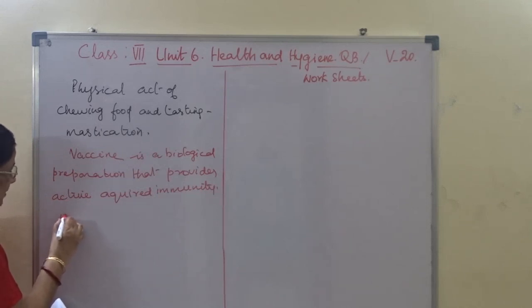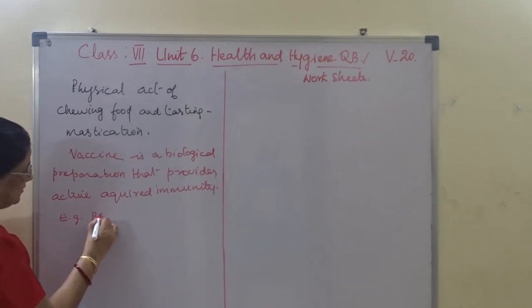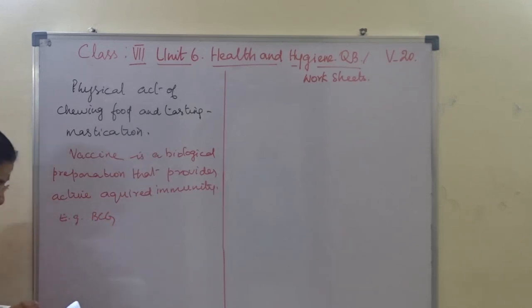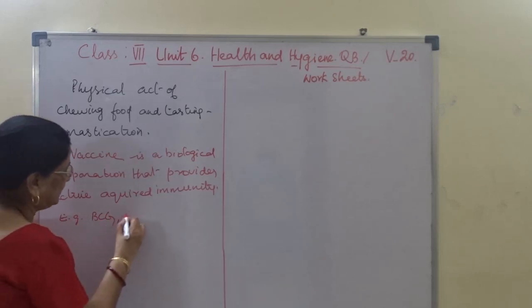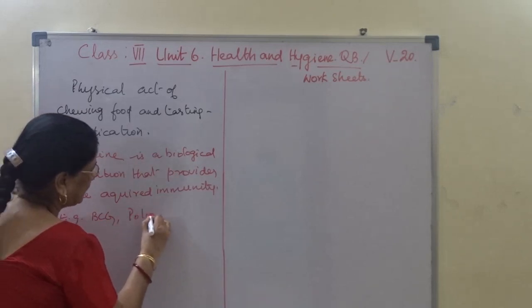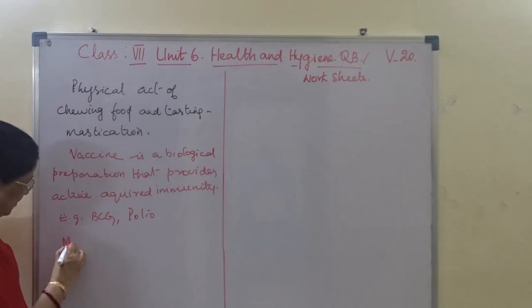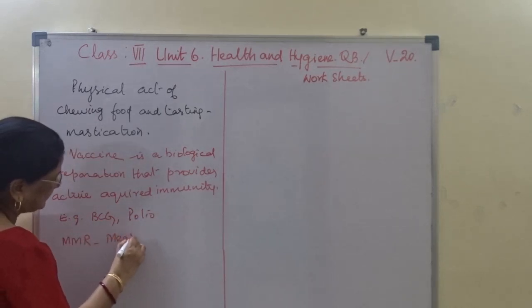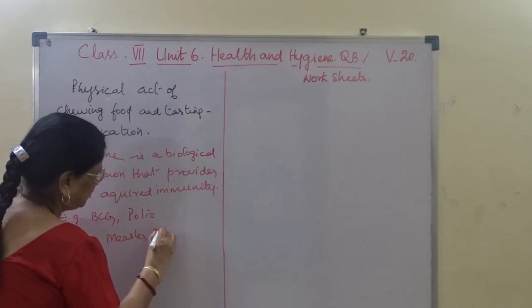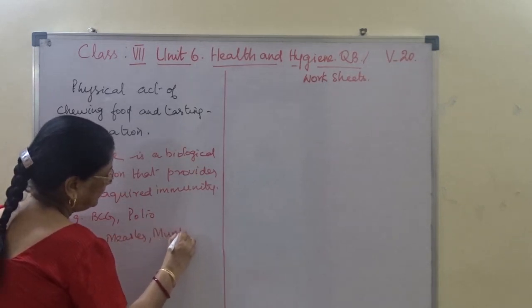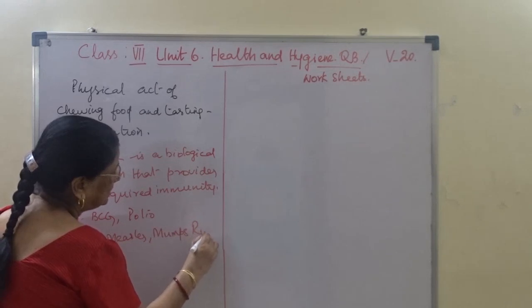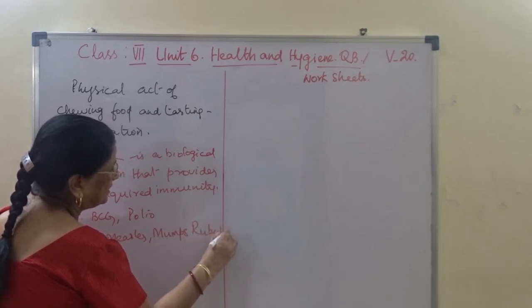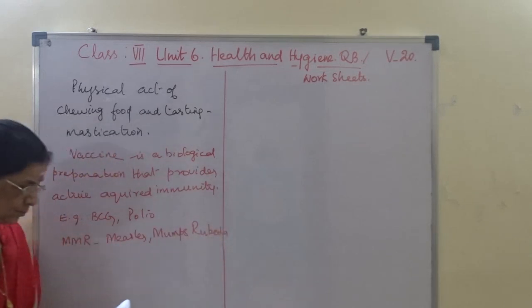Example, BCG vaccine, polio vaccine, and MMR vaccine. MMR means measles, mumps, and rubella virus. Okay, vaccine over.